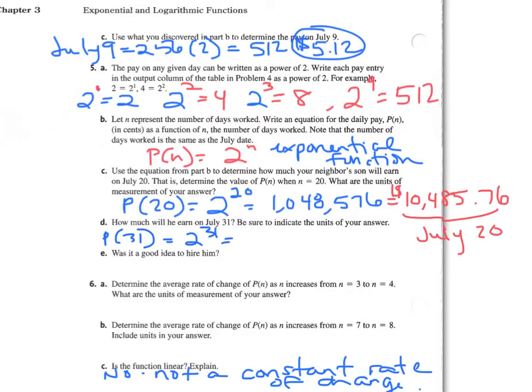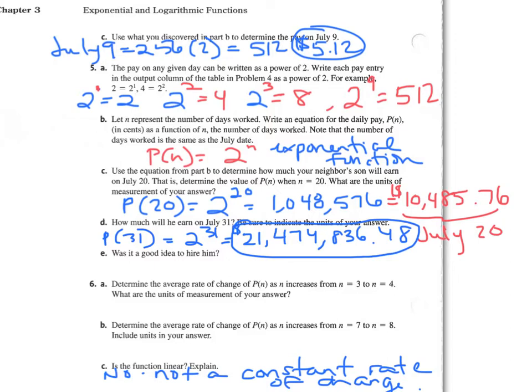When you do that out, I'm just going to go right to dollars. This is $21,474,836.48, which is crazy, obviously. That is on July 31st. Again, not including all the days before it, just for that one day.